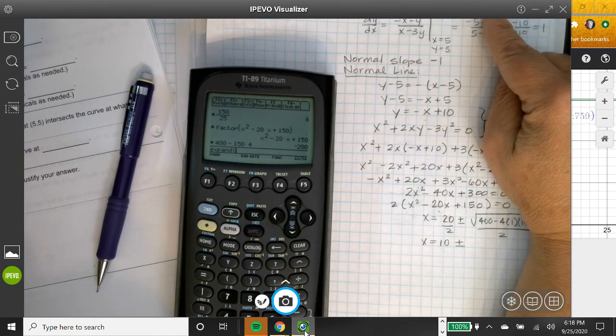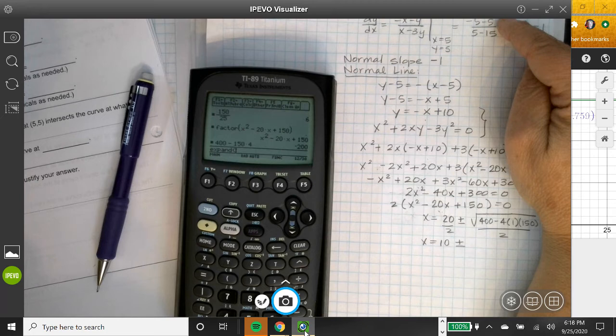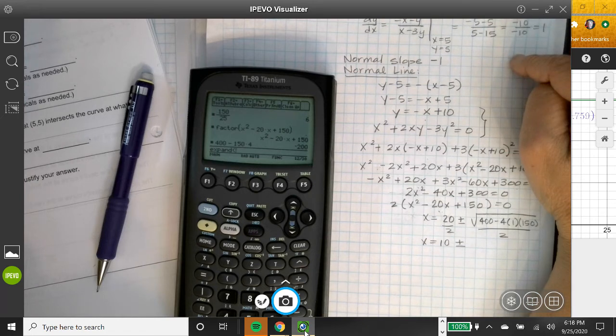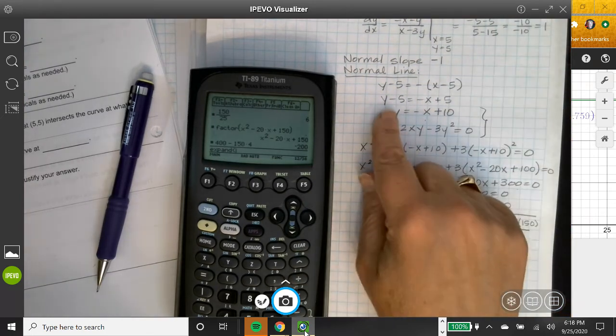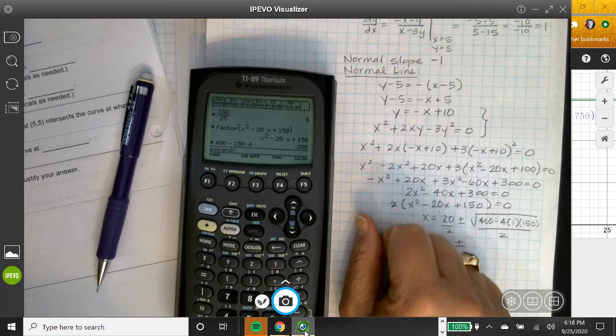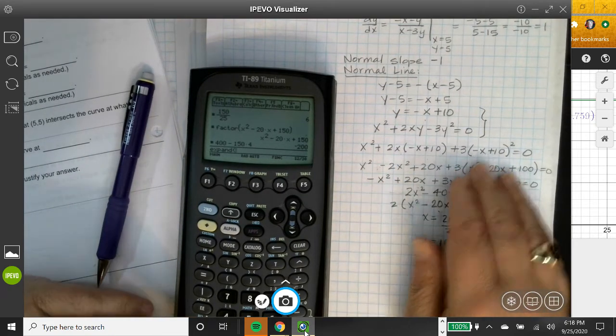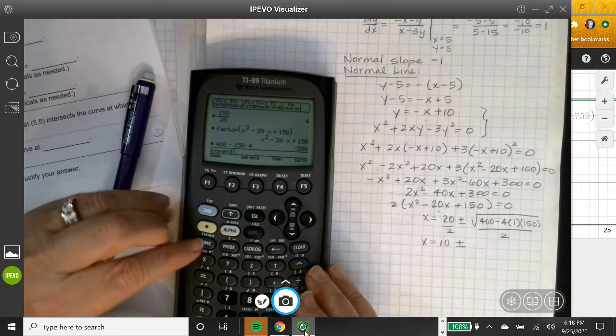Let's see, did we do the slope right? That's negative 5 minus 5 is negative 10. 5 minus 15 is negative 10. That's 1. So I'm all right with that. And that distributed and that added. Okay, so then here must be the problem. Or we've got a problem.